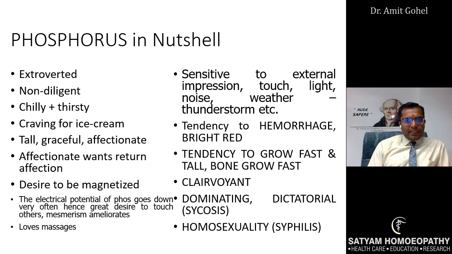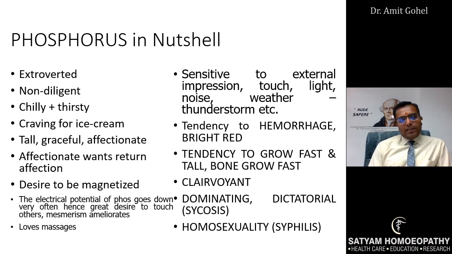Constitutionally, they are tall, graceful, and very affectionate and sympathetic. Again, the basic tendency of phosphorus is that they want affection from their surroundings or persons nearby. So the rubric we have is affectionate and wants return of affection.